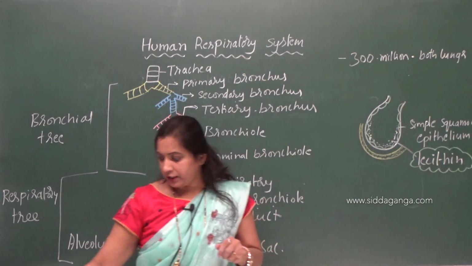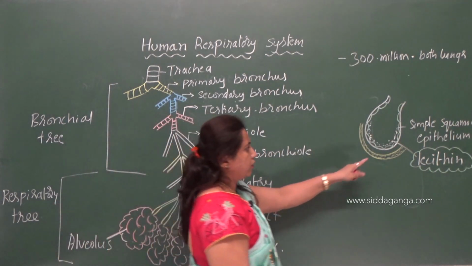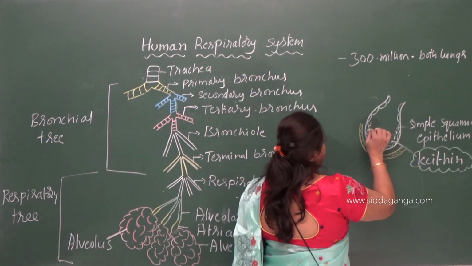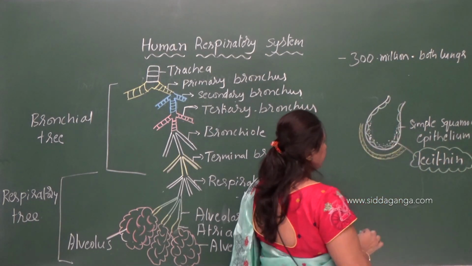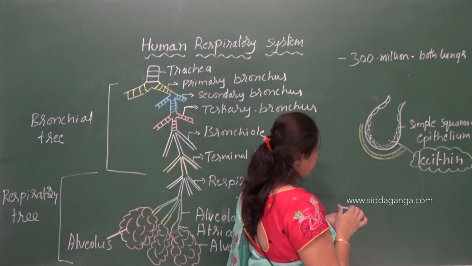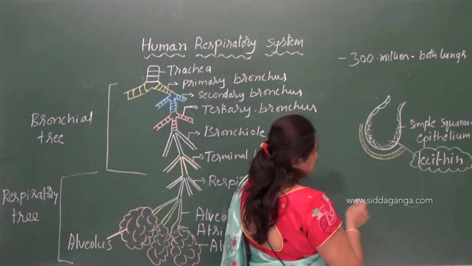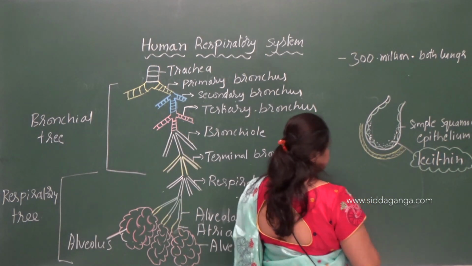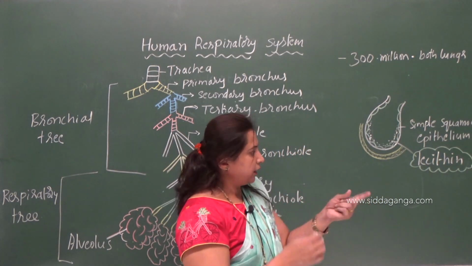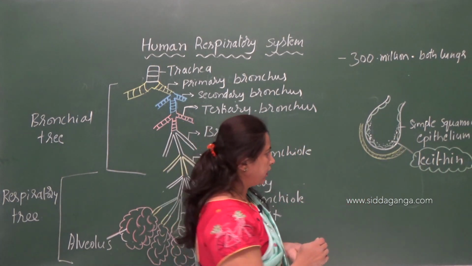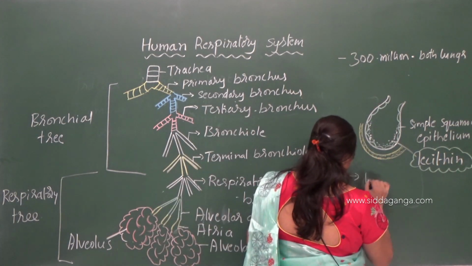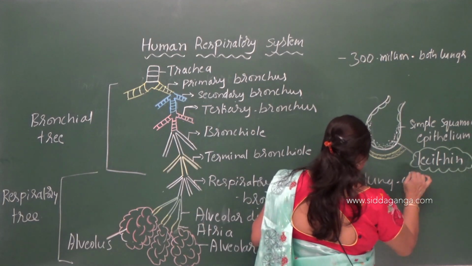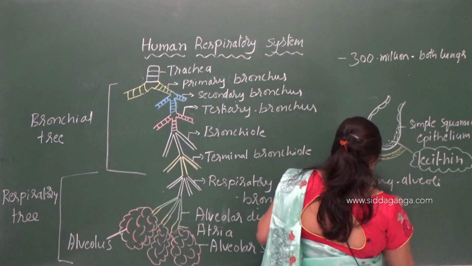It is a thin coating present on the inner wall of the alveolus. Its main function is that it acts as a surfactant. It reduces the surface tension, so that it prevents the lung alveoli from collapsing.